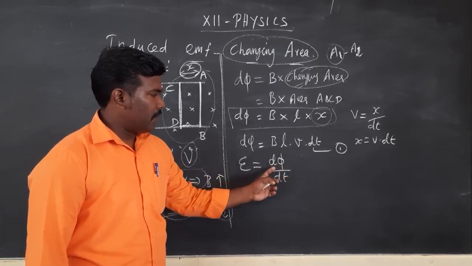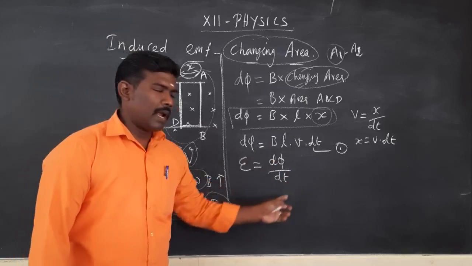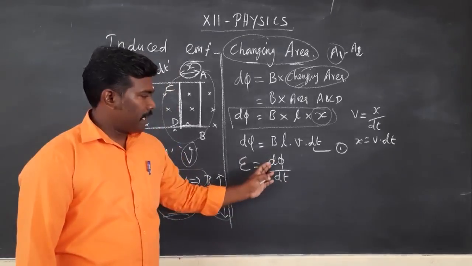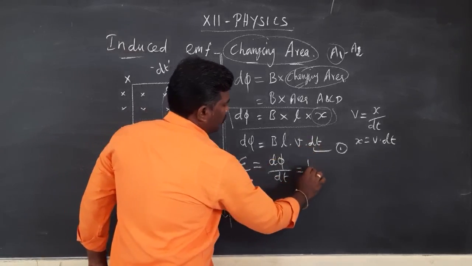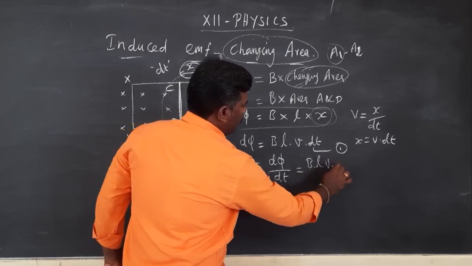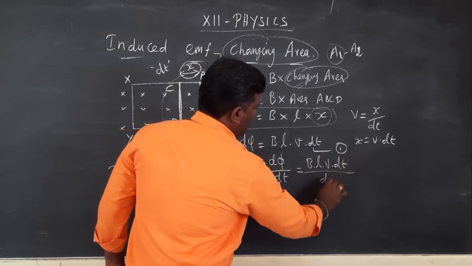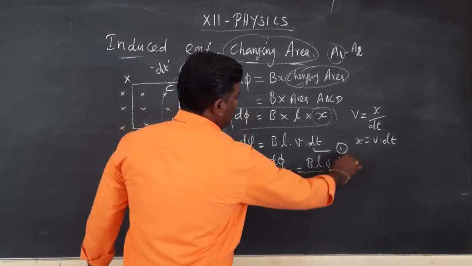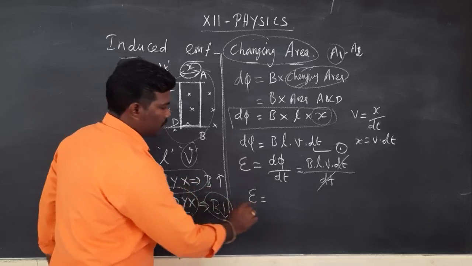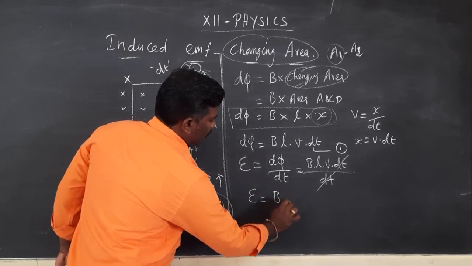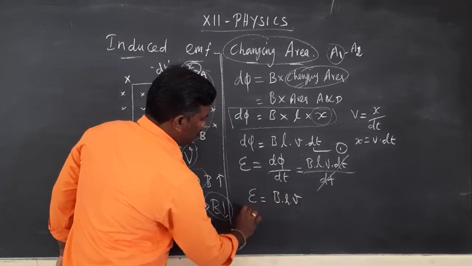Already we have the value of dφ. Here we are going to calculate the magnitude alone. So dφ by dt, apply equation 1 in this case. So B L v dt divided by dt. dt will be cancelled. So the induced EMF produced in the closed path is equal to B L v.